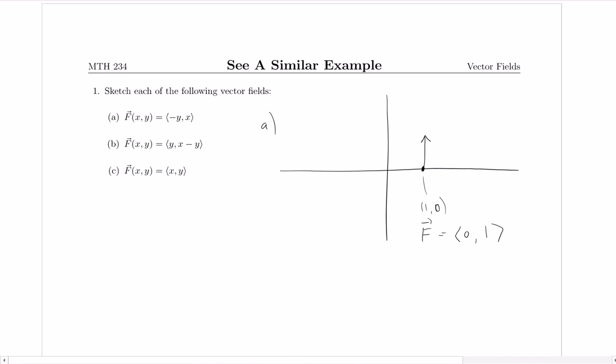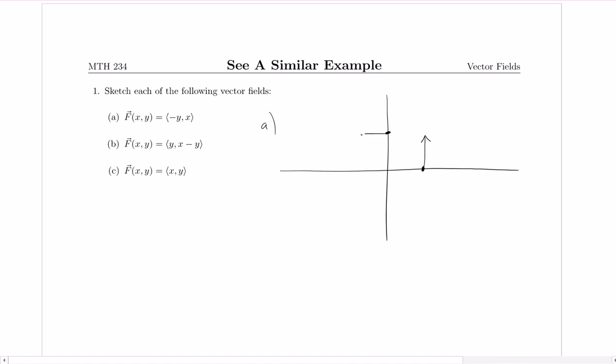So when we draw vector fields, we draw the base of the vector at the point (x, y). So we plug (x, y) into the function, see what vector we get, and we just draw that vector, but we draw the base of it at the point that we plugged in, not at the origin. And we just do this with several points, enough that we start to see a pattern. So let's do the point (0, 1). Here we would get (minus 1, 0).